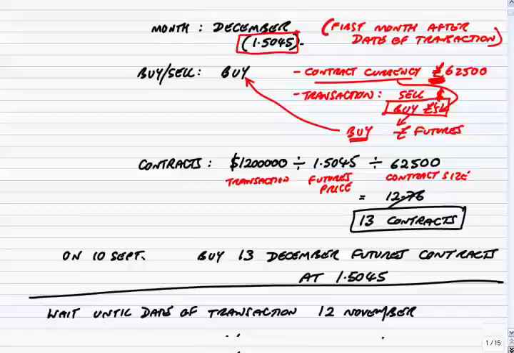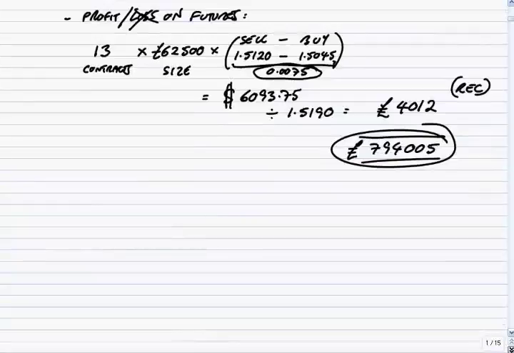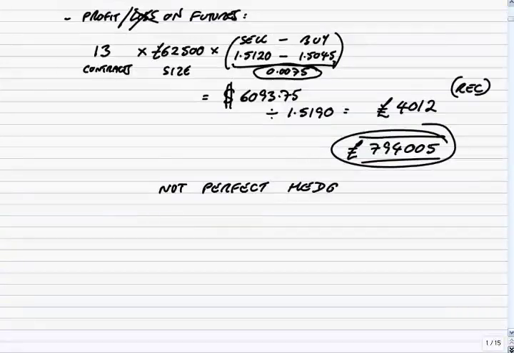Now, as I said, it's not a perfect hedge. And there are two reasons. Now, I mentioned why it wouldn't be perfect in the last lecture, but check here. One reason, of course, is that we were stuck with fixed size contracts.